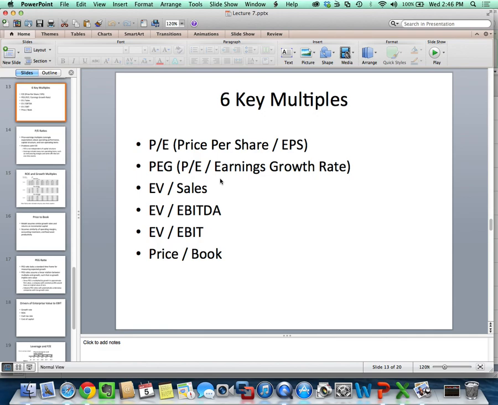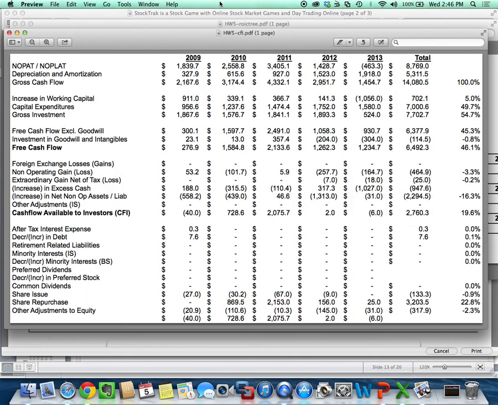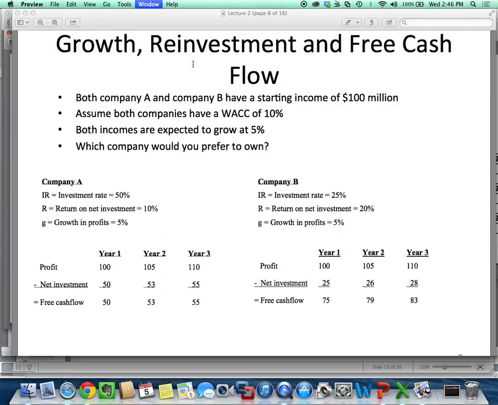Now, again, if I go back earlier in the semester, I showed you this slide, and I said this was a very important slide. I said, as boring as it looks, this is an important slide. The reason why this was an important slide is this showed us 2 companies that had the same earnings, but we said one company was worth more because it generated more free cash flow.